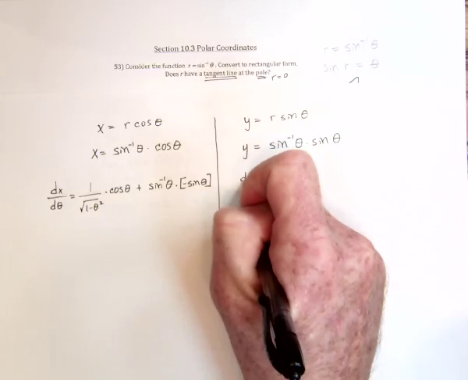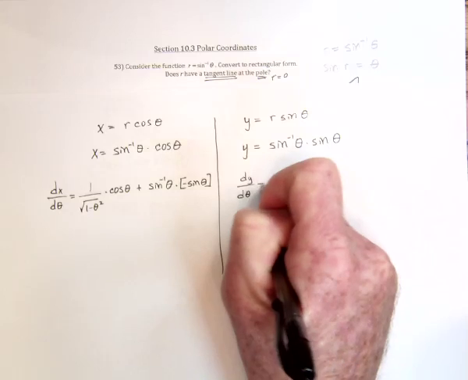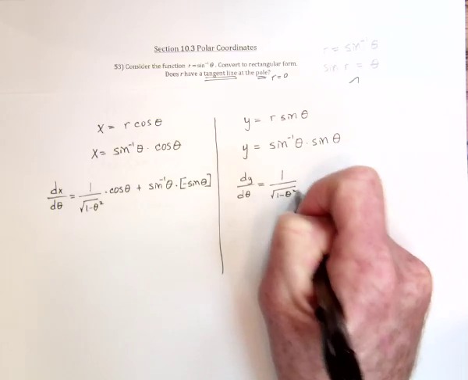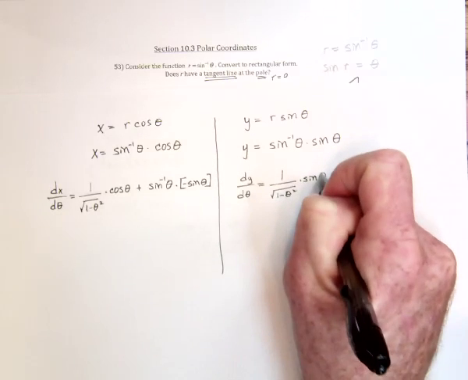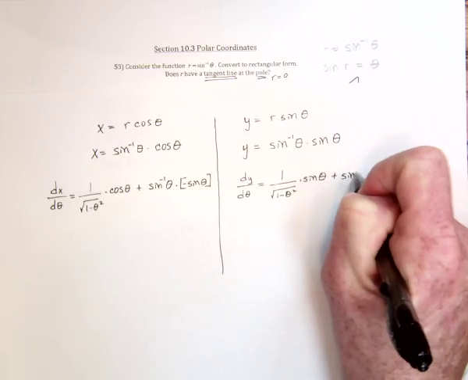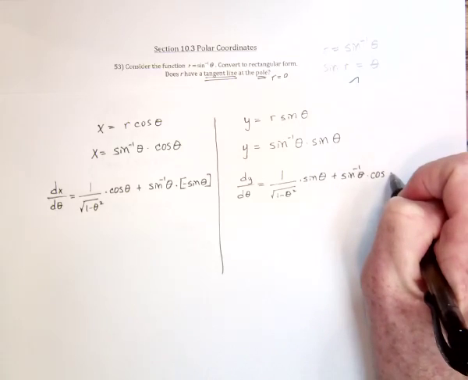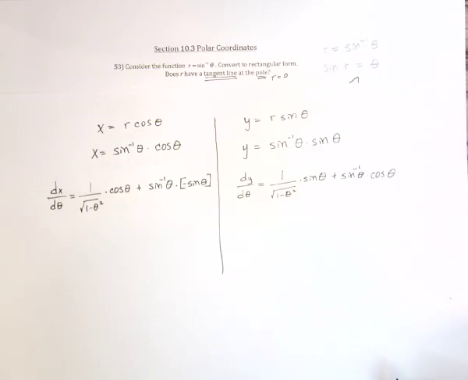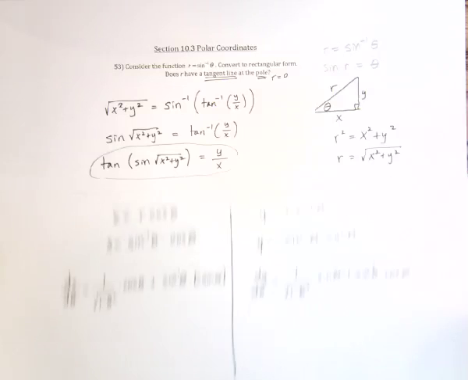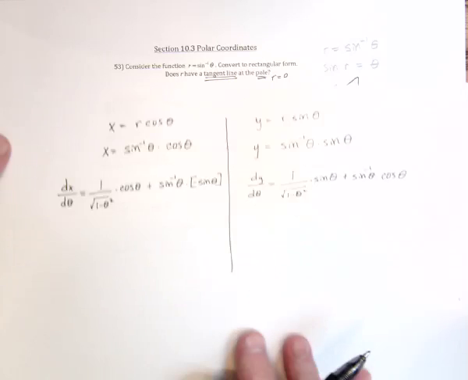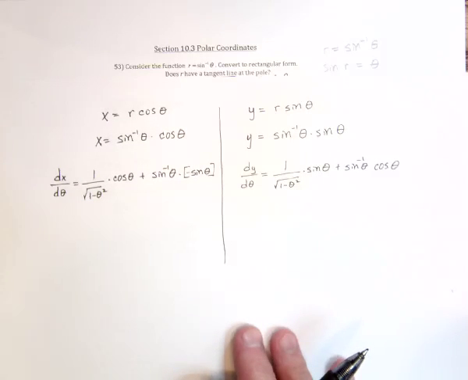Likewise over here we would have dy d theta is equal to 1 over the square root of 1 minus theta squared times the sine left alone plus sine inverse left alone, and then the derivative of sine is cosine. Now we just need to divide them and substitute what we got for theta. So you can substitute the number and then divide them, or you can divide them and then substitute. I'm going to go ahead and substitute.